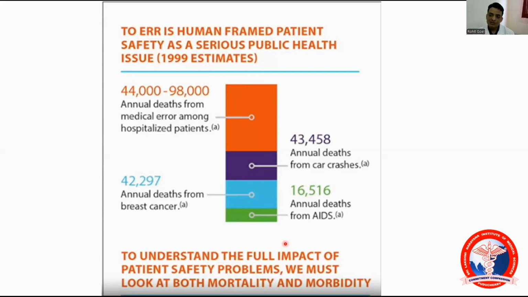In this report, it was highlighted that 44,000 to 98,000 annual deaths in hospitalized patients happened due to medical errors, more than those caused by road traffic accidents, which were around 43,458. The report emphasized the need for patient safety initiatives and error disclosure policies.